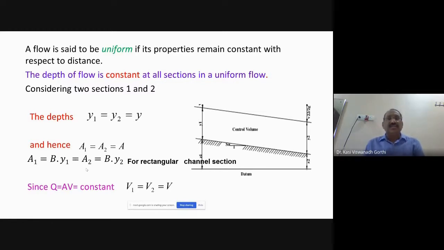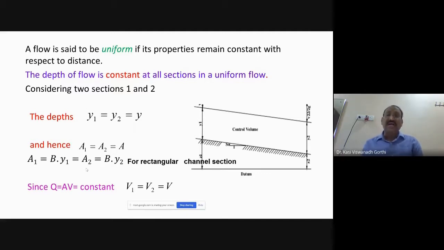If you take the continuity equation, the discharge Q is equal to area into velocity, and is constant. We know that there are three basic equations governing the entire fluid mechanics principles: the continuity equation, the Bernoulli's equation, and the momentum equation. The continuity equation is derived based on the law of conservation of mass.